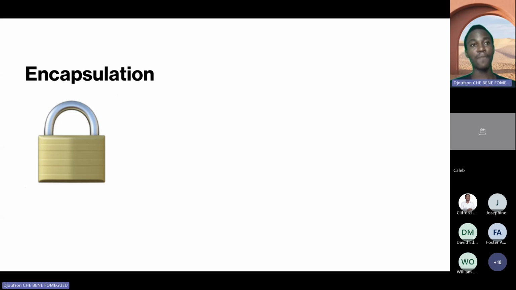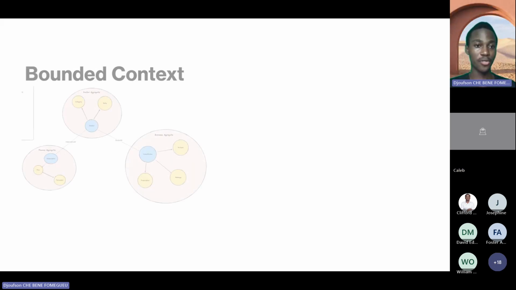Next, the last concept is encapsulation. As I said, we should leave to the aggregate the responsibility to change its state itself. So we should not enable the outside world to modify the state of an aggregate or an entity or things like that. If we come back to the previous slide, we can see that there are entities colored in different colors.